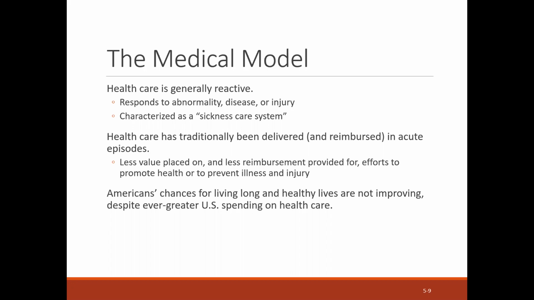Ultimately, we know from the research and the statistics out there that the chance for Americans to live long and healthy lives is not improving. And unfortunately, the United States spends a significant amount of money on healthcare, but we have some of the poorest health outcomes in the world.